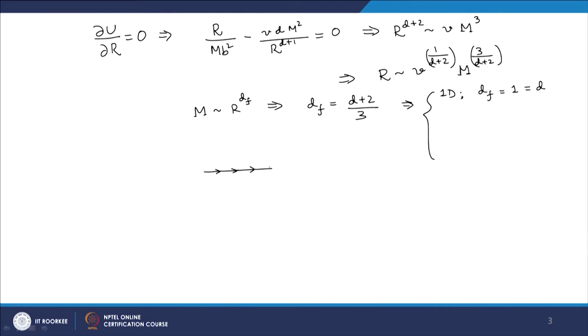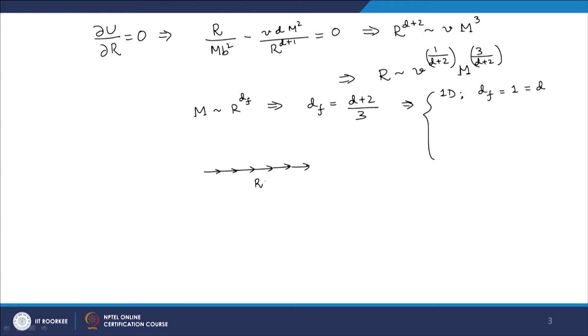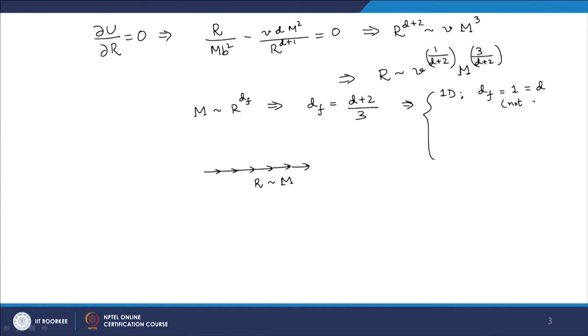So, essentially in this case what we recover is the relation we derived for a rod. So, the distance travelled by the drunkard will be scaling like the number of steps. Okay. So, in this case it is not a fractal.